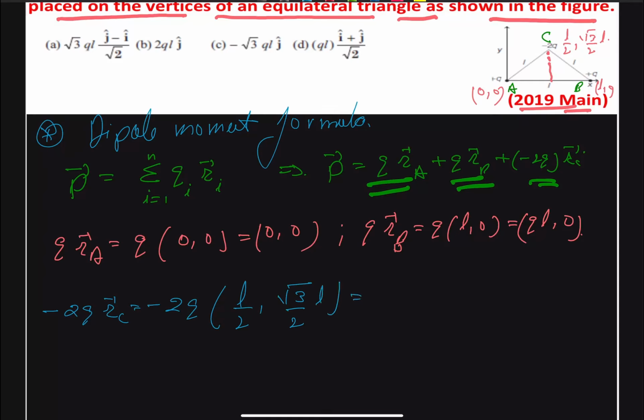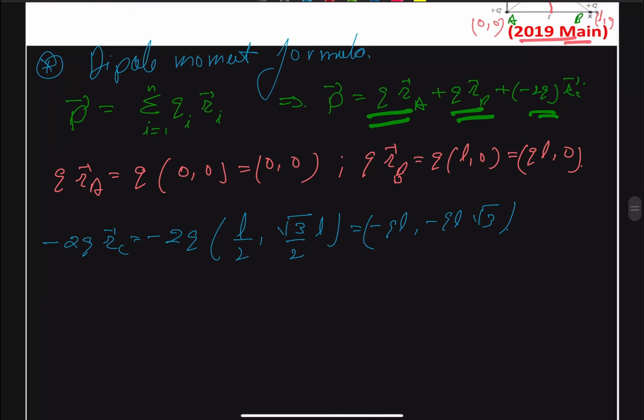So if you multiply it, we get this as minus QL, comma minus QL square root of 3. Now we are going to simply add their vector positions. So we can say that our dipole moment P will be equal to 0, 0, plus QL, 0, plus minus QL, minus QL square root of 3.